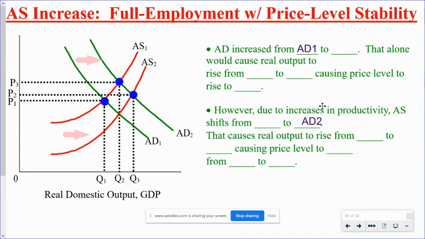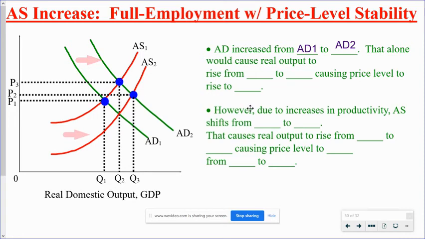That by itself is going to cause a change in real output. So if I'm reading my graph, AD1 and AS1 is where we initially were, output at Q sub 1. As a result, aggregate demand shifted to the right, which means I need to look at the new output level, which would have been where AD2 intersects AS1.